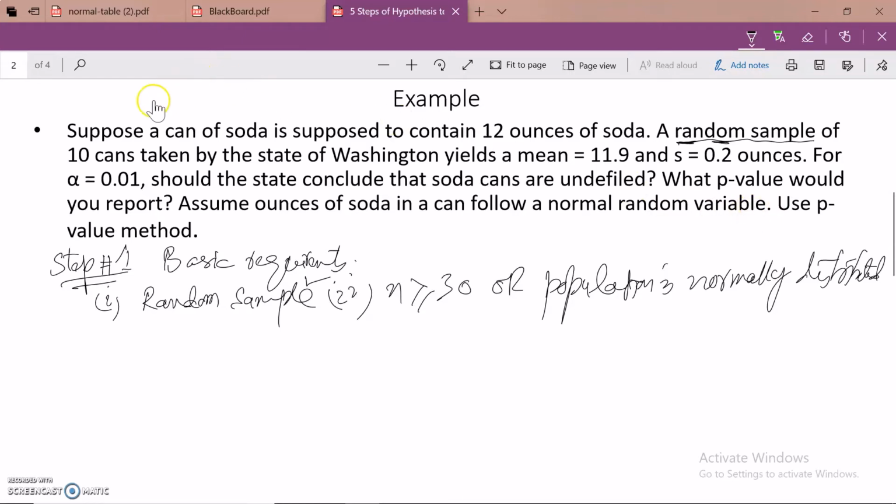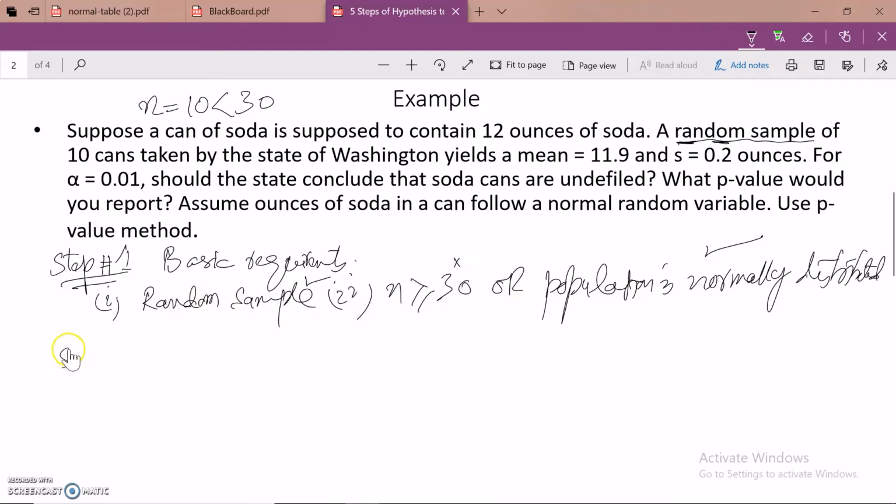Look at the sample size. The sample size is equal to 10, and that is definitely less than 30. So that condition was not met, but the second condition is met. Remember, either one of the conditions should be met in order for this step to be okay. So our population follows a normal distribution, both basic conditions are satisfied, and we are good with the first step.